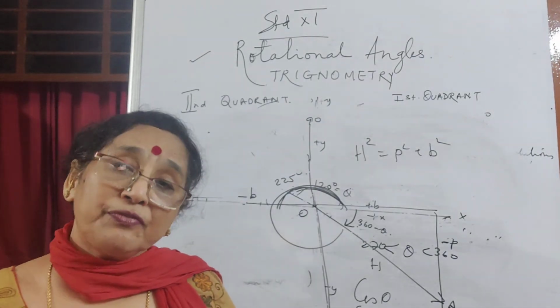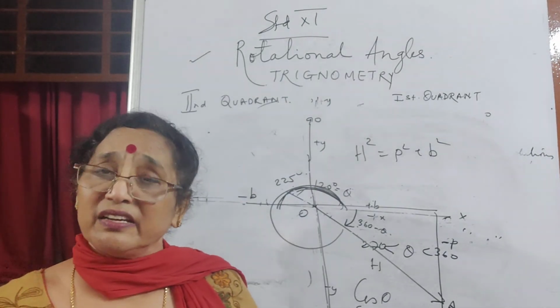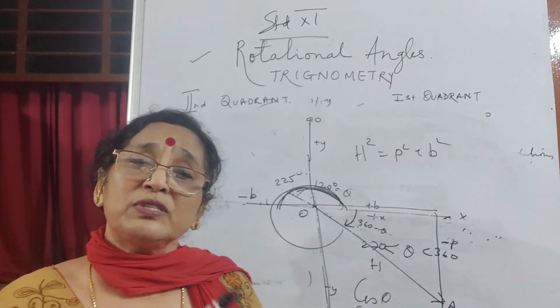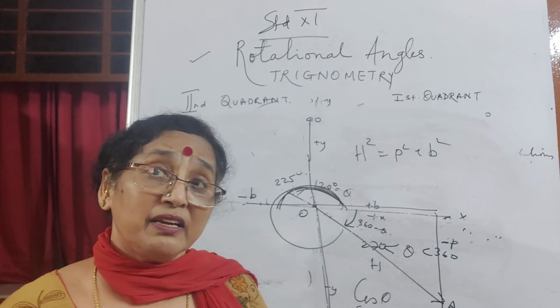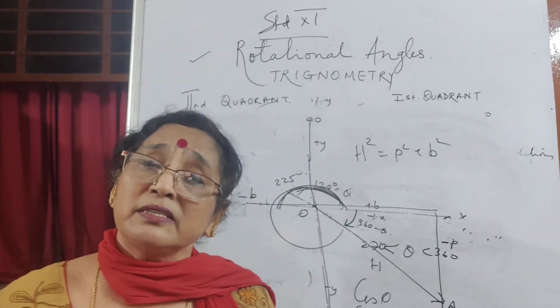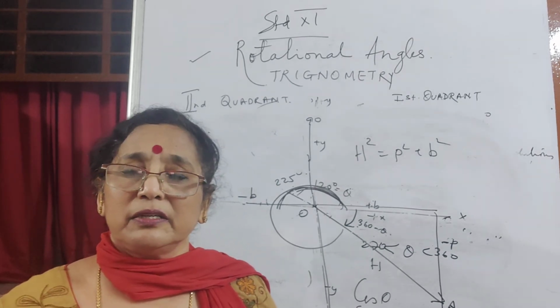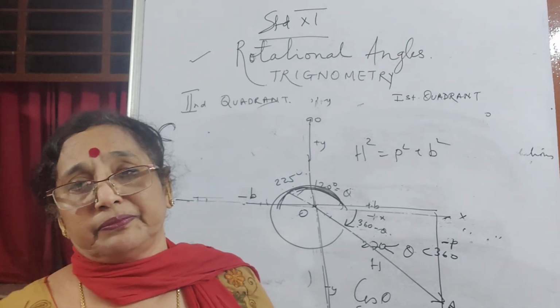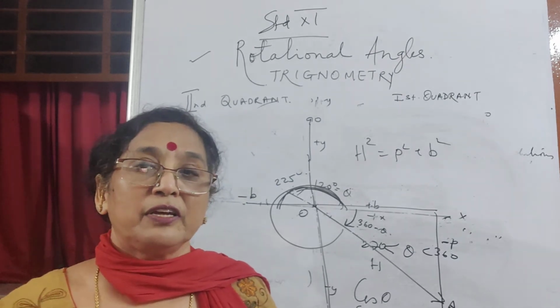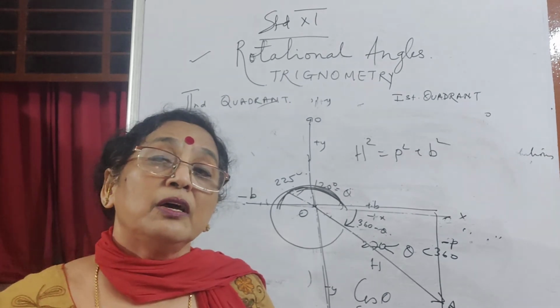Immediately when I say cos of, say, 310 degrees, that is 270 plus 40, right? You can say 270 plus 40, or you can say 360 minus 50. So the theta is 50. For 270 the theta becomes 40.